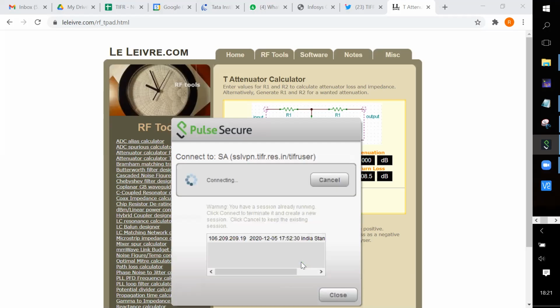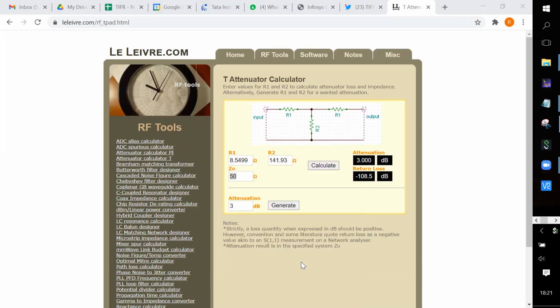When you started talking about the attenuator, you went silent. Okay, am I audible now?